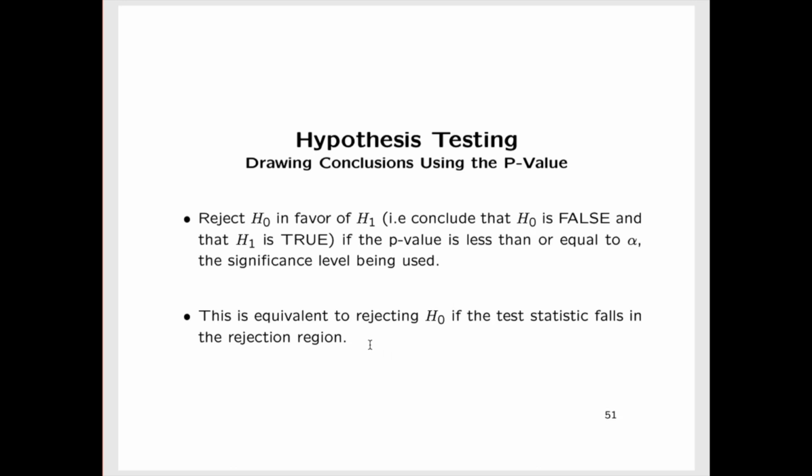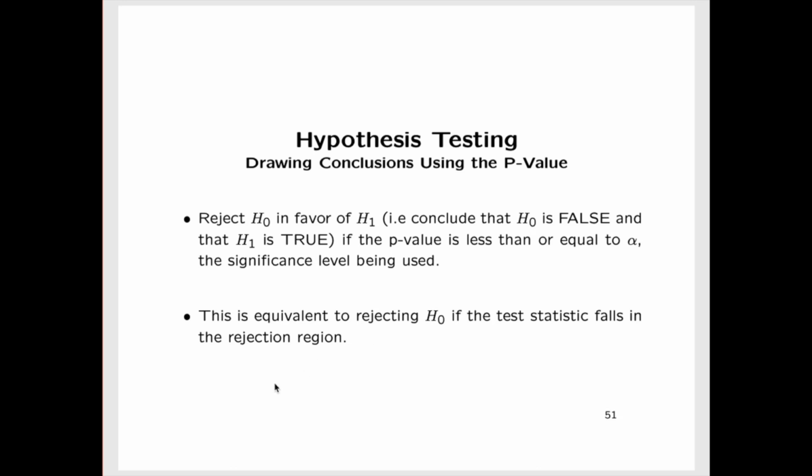Now, in talking about the general characteristics and components of a hypothesis test, we identified as part of the hypothesis test statistics and critical regions. And we discussed how to make decisions about hypotheses using the test statistic and the critical region, the rejection region. Here we have, in talking about p-values, another approach to drawing conclusions in the context of hypothesis testing.